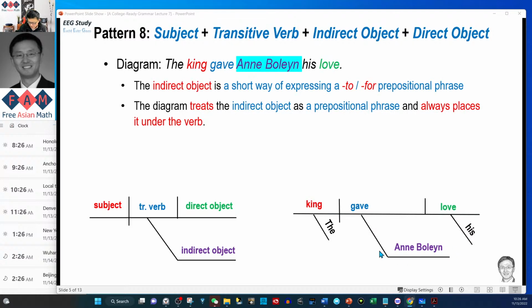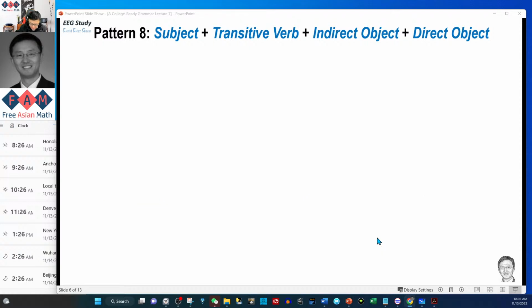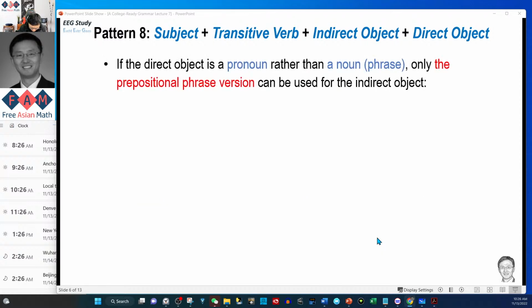You will see some versions in some books like this without that, but I think putting it there will make it less confusing. Let's just put it that way. So there is a caveat to this particular sentence.